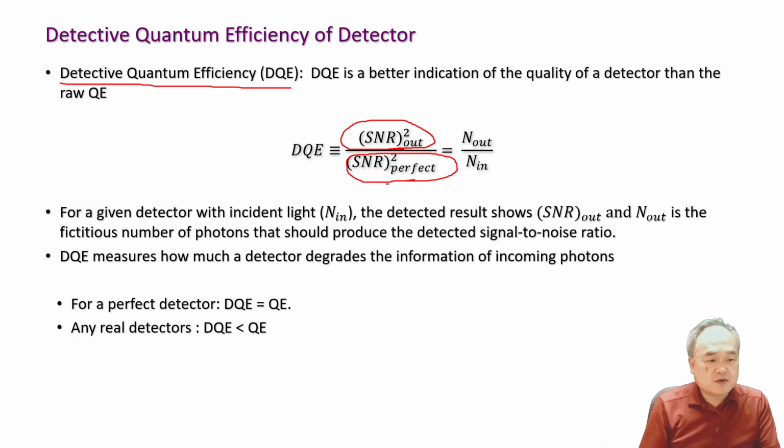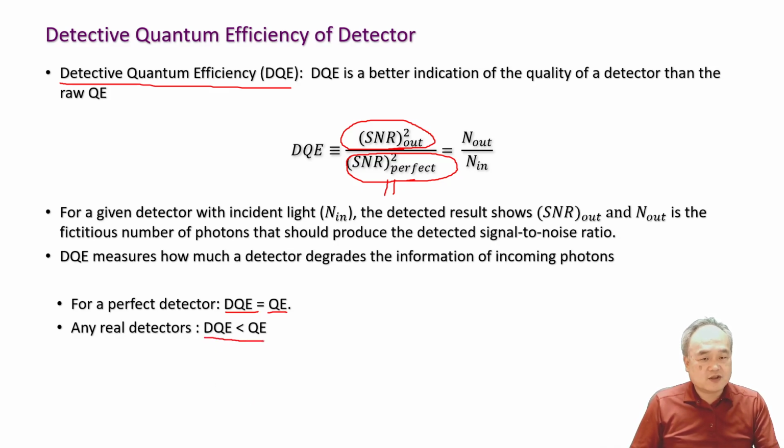The incident photons are purely Poissonian, and this is the actual detector's detected signal to noise ratio. For a really perfect detector, DQE and QE should be the same, but for all realistic detectors, DQE is always less than QE.